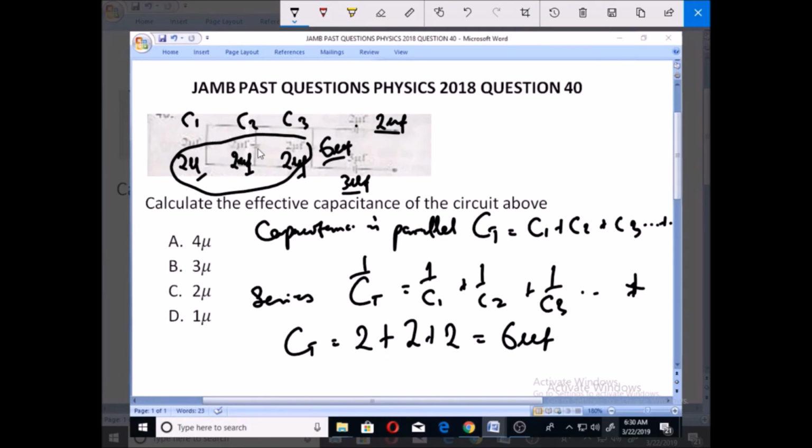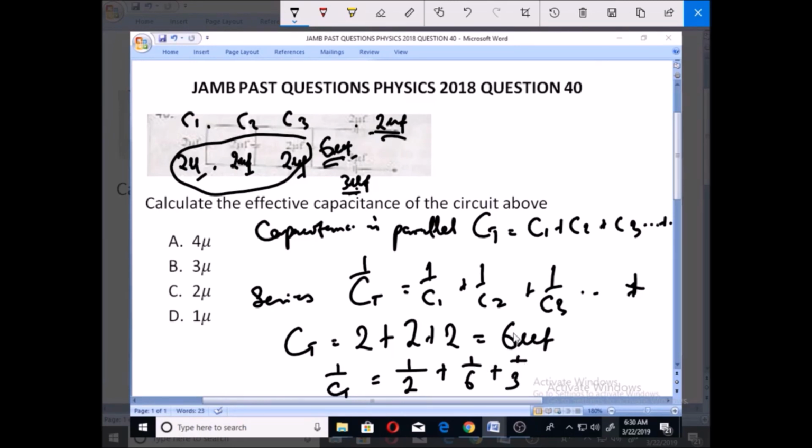This one is in series with this and in series with this. So for series calculation, 1 over CT is equal to 1 over C1. C1 in this case is 2, plus 1 over C2. C2 in this case is 6, plus 1 over C3. C3 in this case is 3.